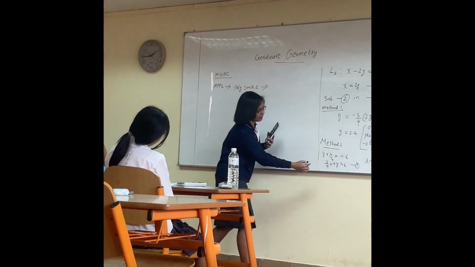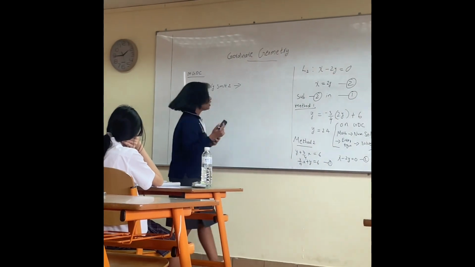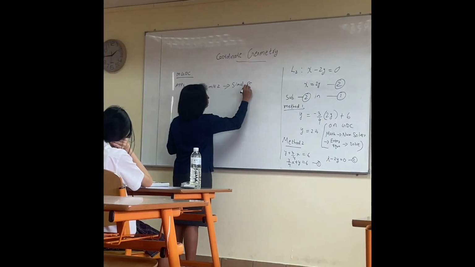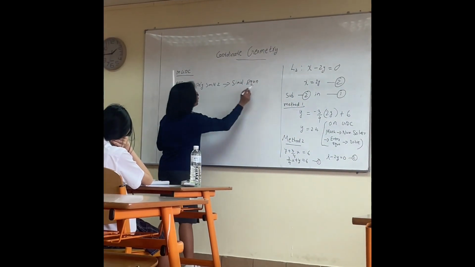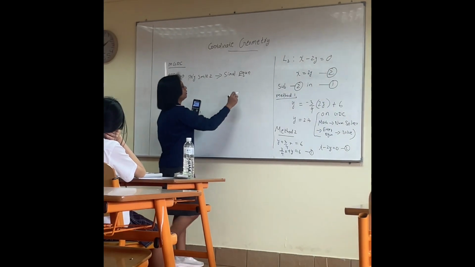It is the simultaneous equation, because we have two equations in terms of x and y. So write simultaneous equation. In the calculator you need to use that one. Then that is number 2.